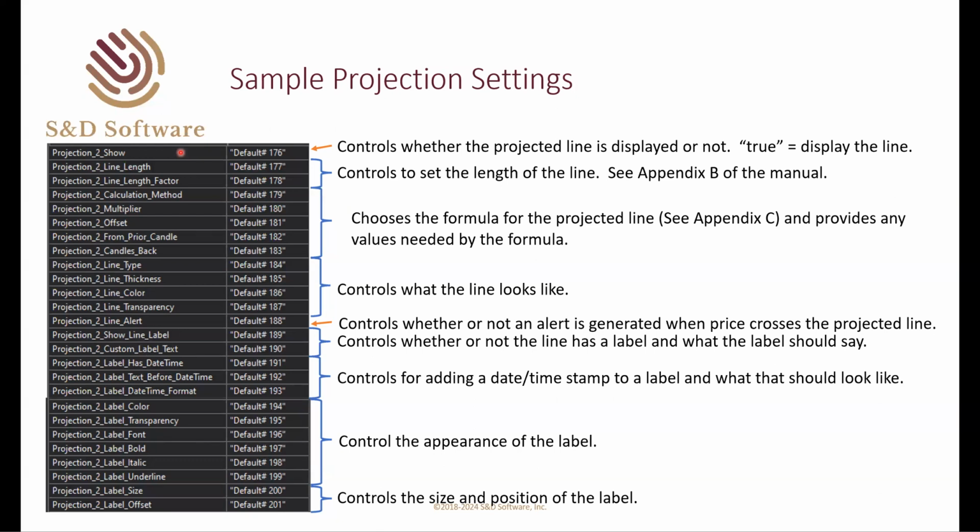So again, you have your master switch that determines whether or not the projection is active. You can have up to 10 projections from a single session tool. In this particular sample, I grabbed the settings from the second projection. Like I said, you can have up to 10.